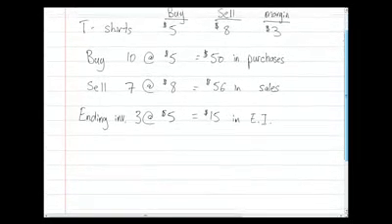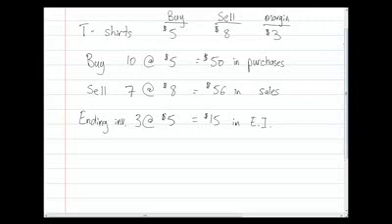Let's say in this example I want to calculate what my cost of goods sold is. We said earlier that cost of goods sold is the cost I paid for inventory which I sold. How much inventory did we sell? We sold 7 t-shirts. So when we calculate our cost of goods sold, we're trying to figure out how much it cost me to buy those 7 t-shirts which I already sold.